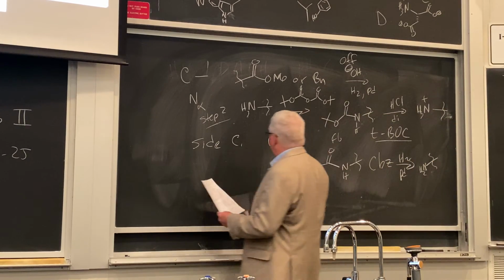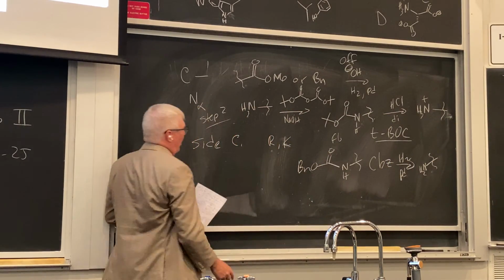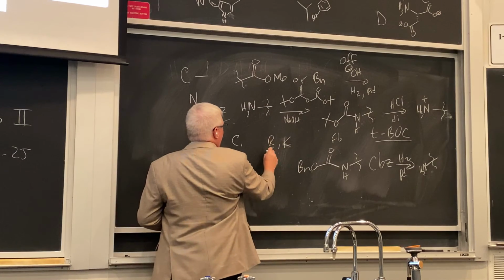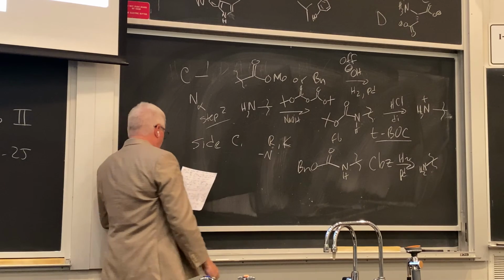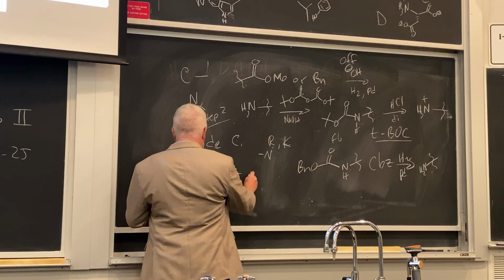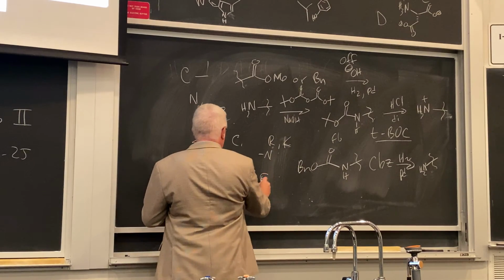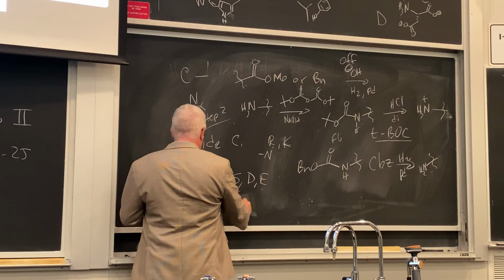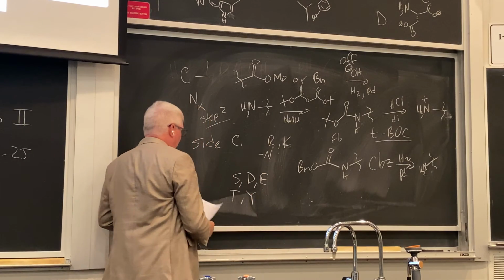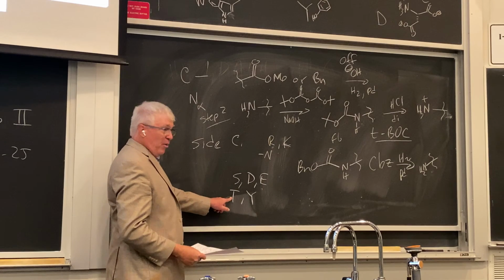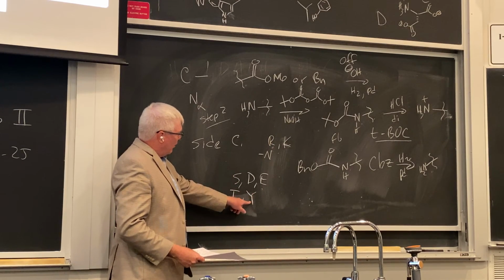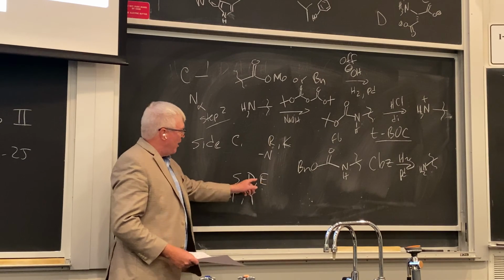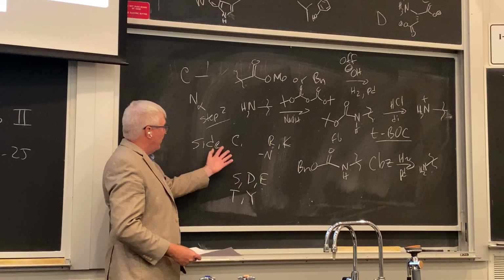The other side chains here, well, arginine and lysine are nitrogen side chains, right? The basic side chains. We also have serine, aspartic acid, glutamic acid, tyrosine, and threonine. These are the two alcohols. Well, tyrosine is also an alcohol, phenol, right? Aspartic acid, glutamic acid have the carboxylates in the side chain.